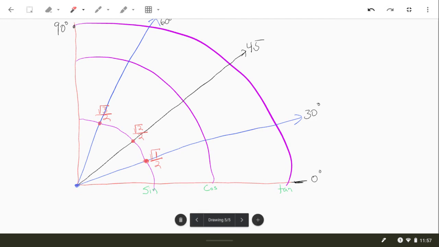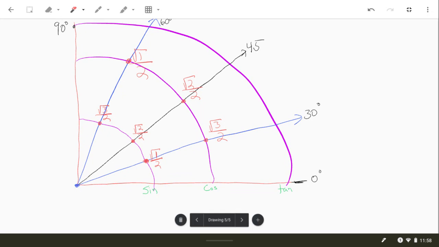Cosine. We did cosine of 30 degrees. It was the square root of 3 over 2. 45 degrees was the square root of 2 over 2. Remember, sine and cosine are the same at 45 degrees. And then cosine of 60 degrees was root 1 over 2.